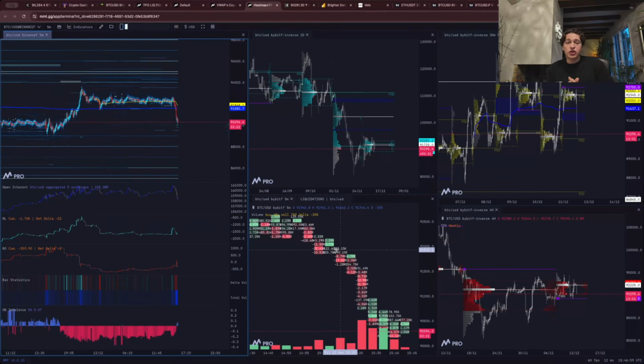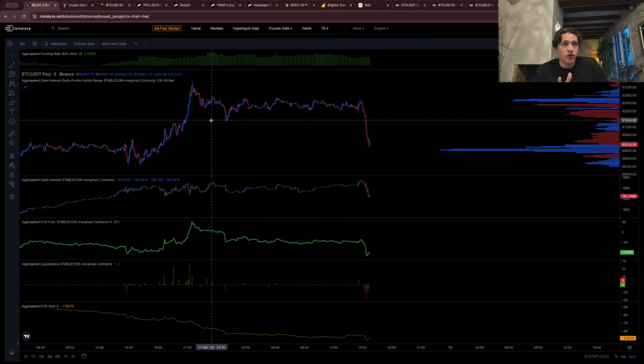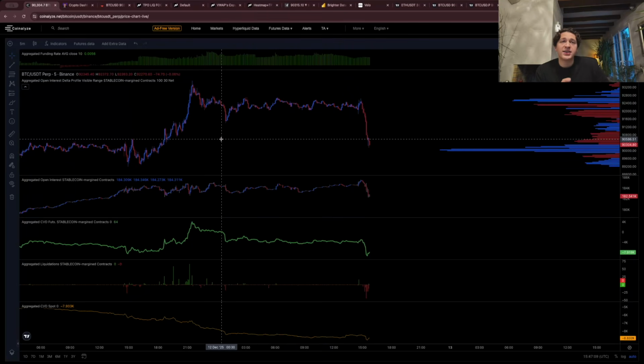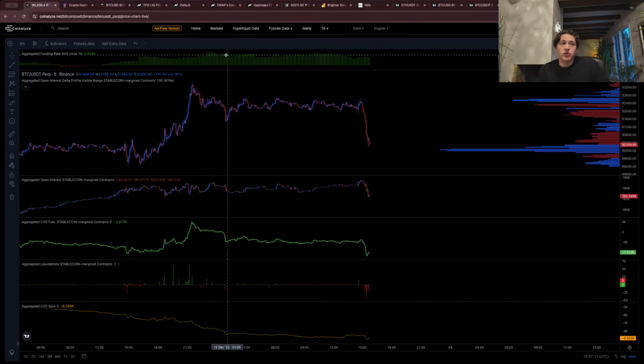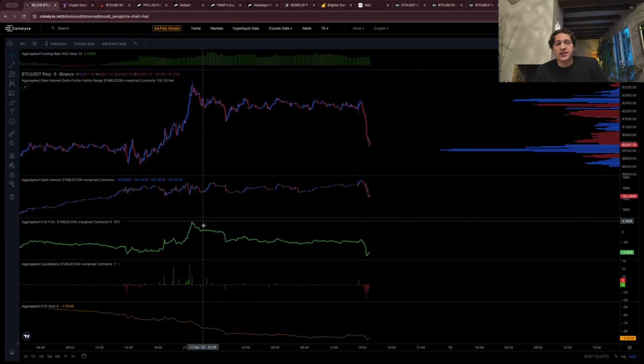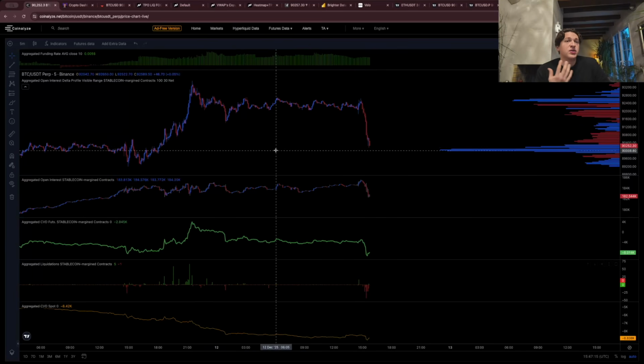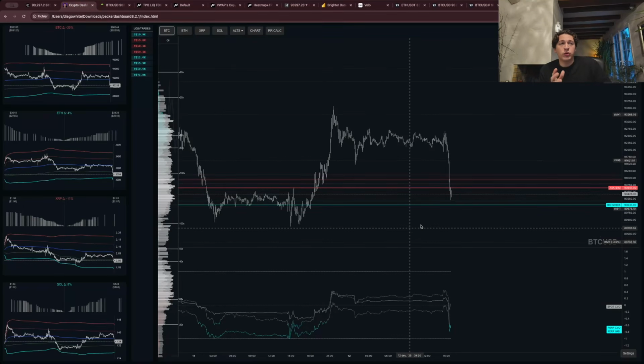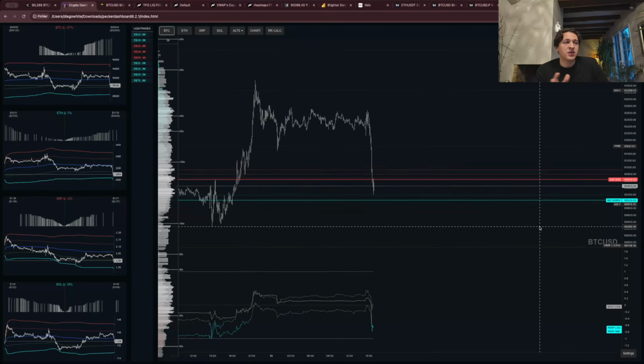So now basically, just to end this technical analysis part, we will make a recap of the tools I use. The first one is Coinalyze. On Coinalyze, you can have the perpetual data, so the funding rates, the open interest, the CVD spot, futures, the liquidations, etc. Then I use my crypto dashboard where I have the asks and the bids of the market makers.